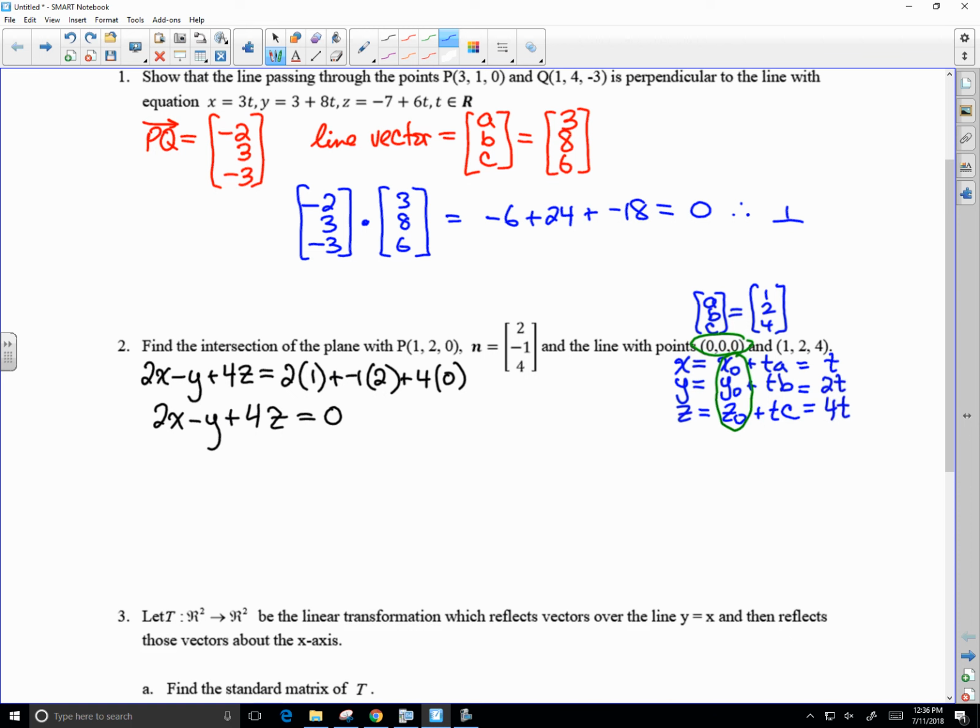Now, if the line is going to intersect with the plane, then the x values have to be the same, the y values have to be the same, and the z values have to be the same. So that allows me to substitute the values that make up x, y, and z from my linear equation into the equation of the plane.